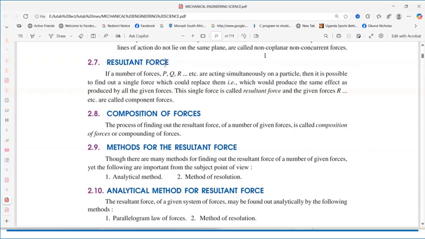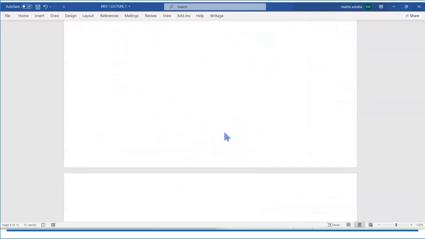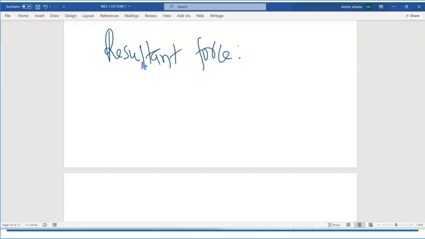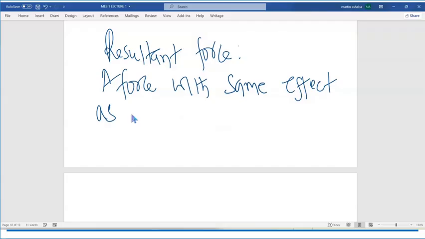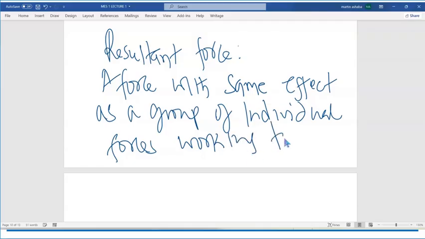If you have 10 forces acting on a body, their effect is the same as the effect produced by their resultant force. So I'm saying it is a force with the same effect as a group of individual forces working together.